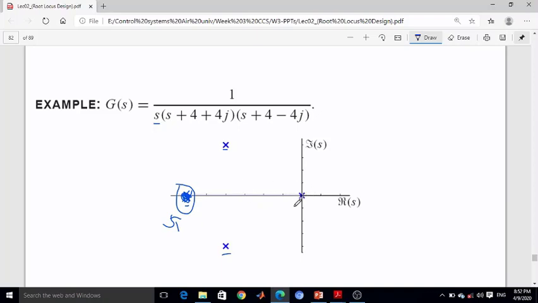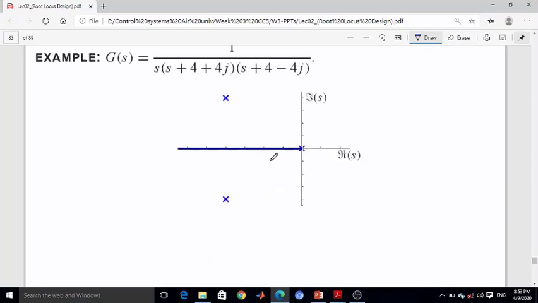Because it is located on the left-hand side of an odd number of poles on the real axis, and we have also seen that since these poles are complex, they will cancel the effect of one another. So we do not consider complex poles in this rule. We will only consider the poles that are located on the real axis. In this example, on the real axis we have only one pole, so any point on the left-hand side of it will be considered as on the root locus. So the shape of the root locus will be like this.